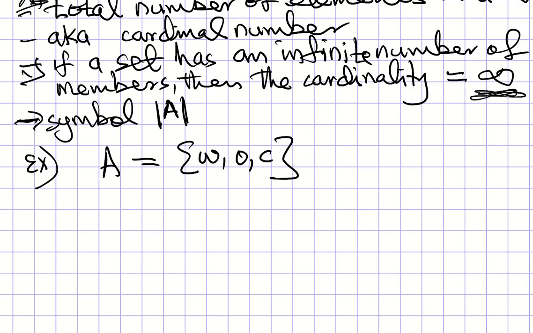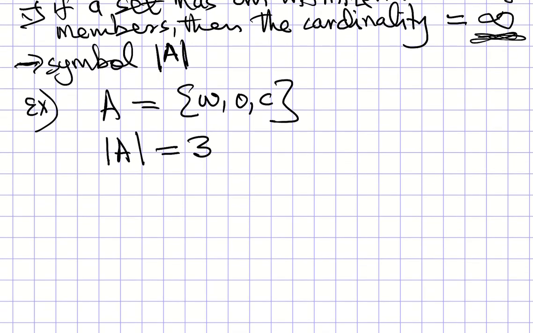What is the cardinality of that set? It's just 3, because it has 3 elements. The 3 elements are listed there. We listed them before.